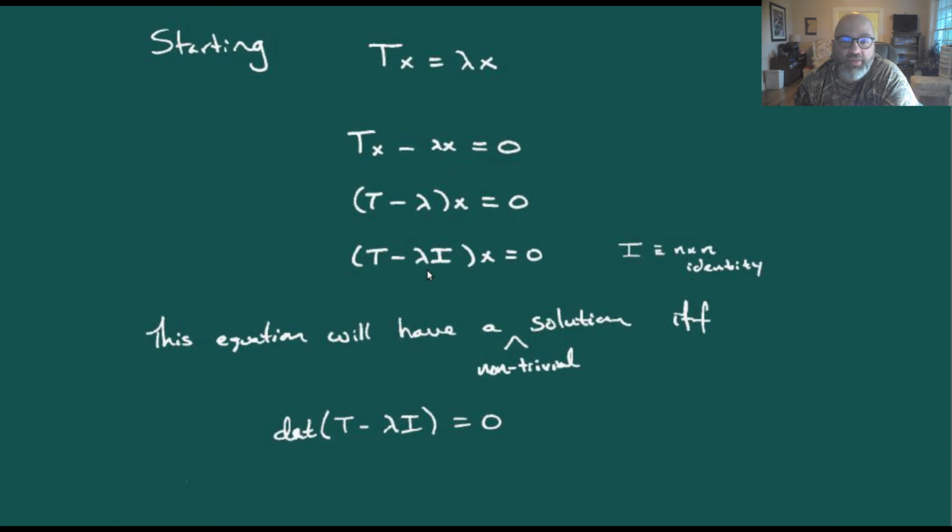So we've got an n by n matrix minus an n by n matrix, and the result is an n by n matrix. So this gives us a new linear transformation, T minus lambda I, and applying it to the vector x gives us 0. And so we can ask, when is that going to have a non-trivial solution? Exactly when the determinant of that linear transformation is 0.